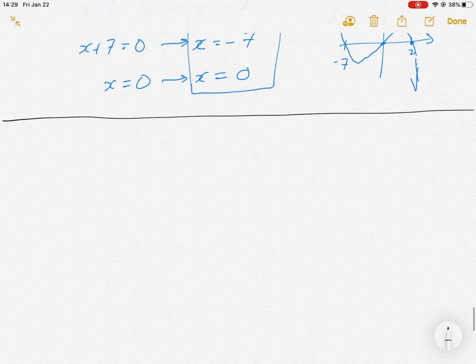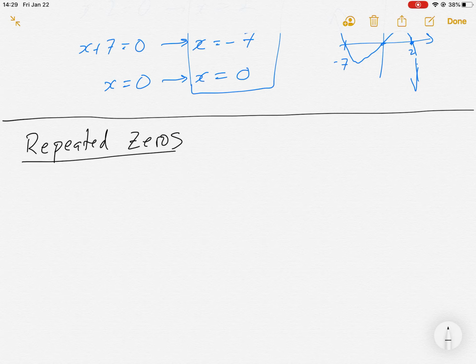But there's another situation we sometimes have to worry about, and that's something called repeated zeros. So let's talk a little bit about repeated zeros. Let's say, for example, I'm given a polynomial function that looks like this: x plus 1, and then x minus 2, but I'm going to square it.